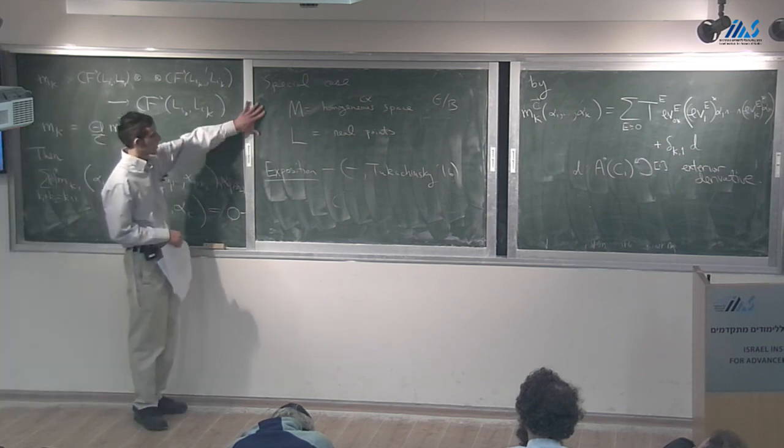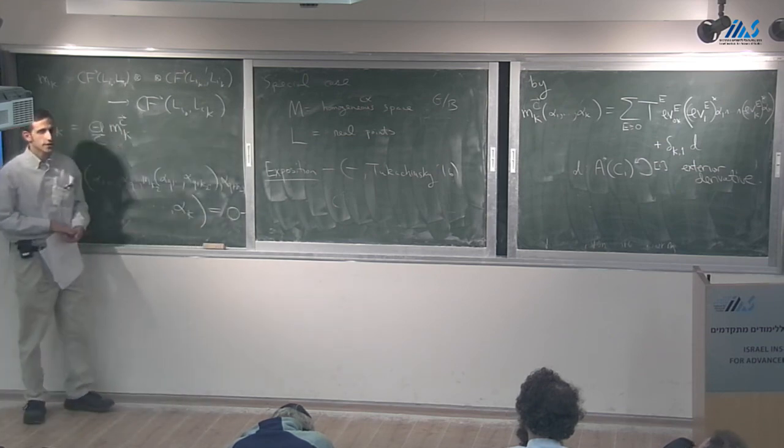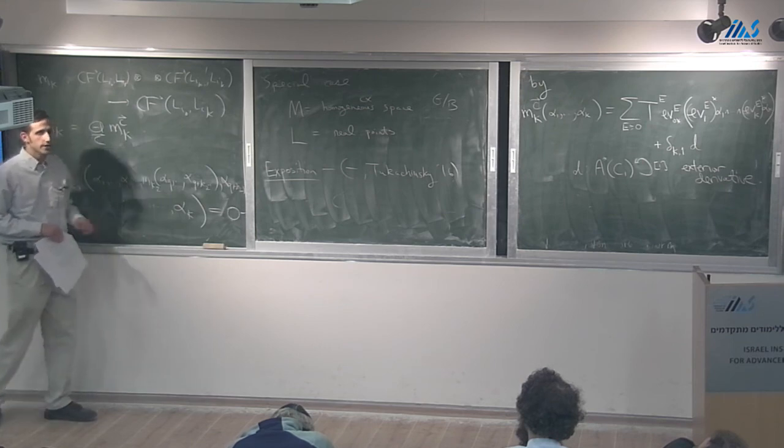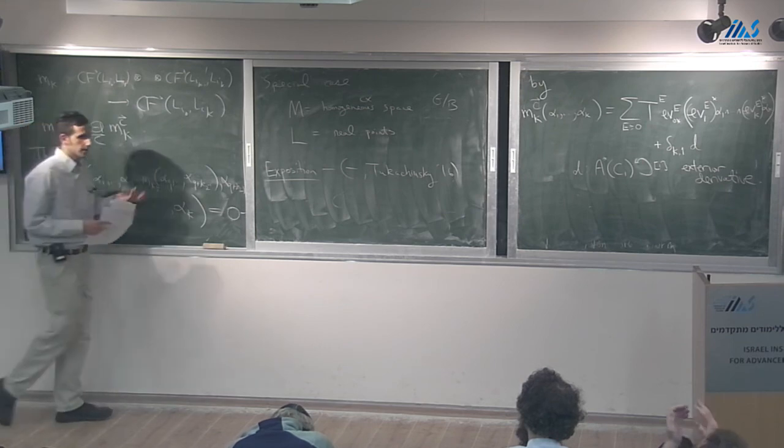And I think really all you need to know is just basic algebraic geometry to get that in full detail. So I'm going to stop here, and the next time I'll say.